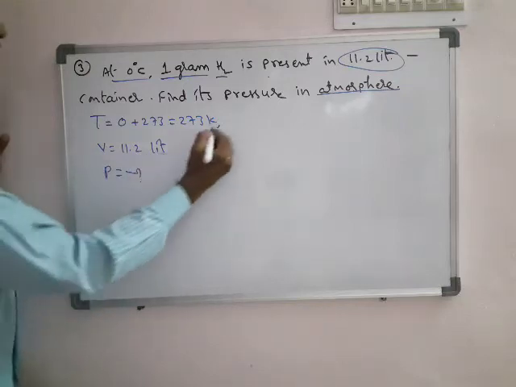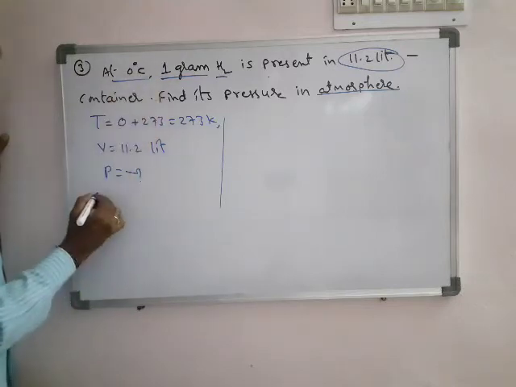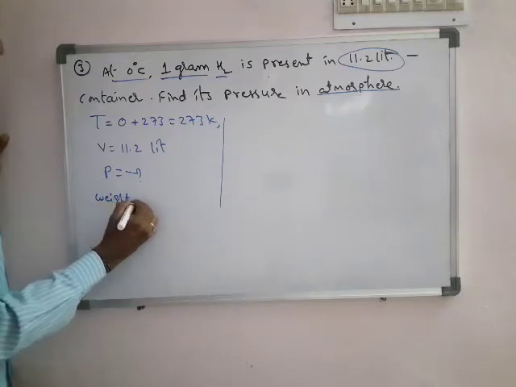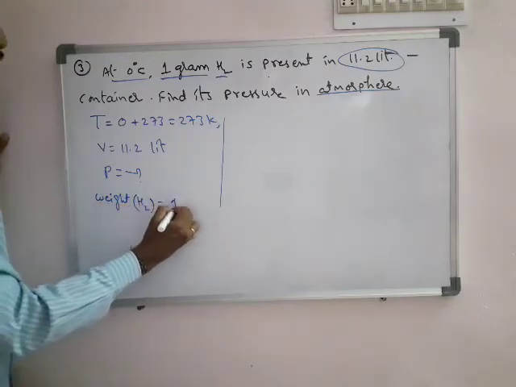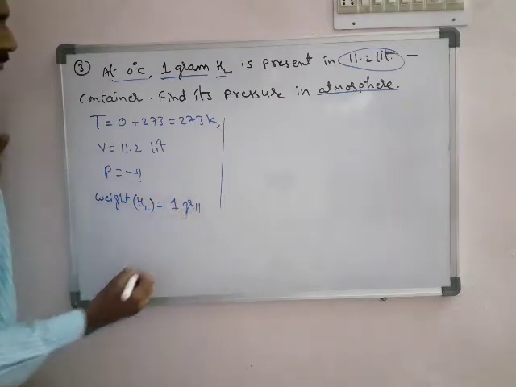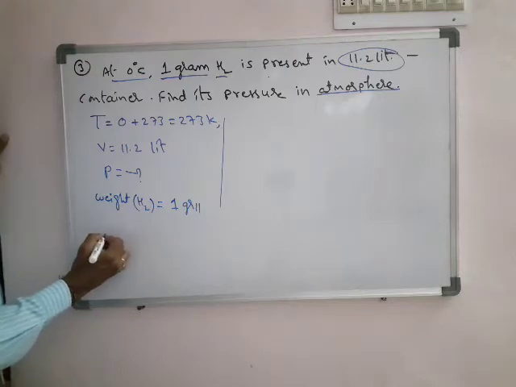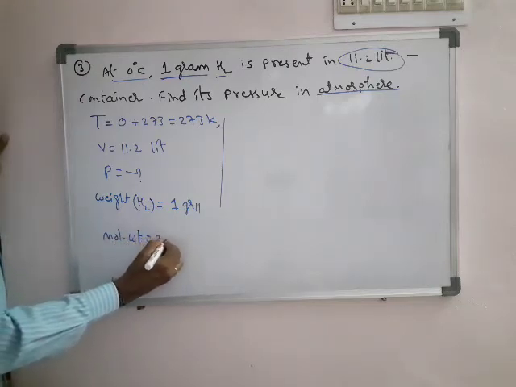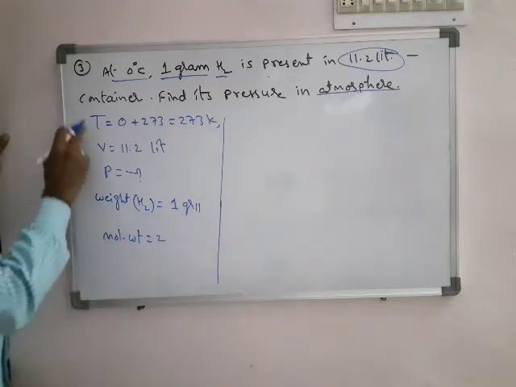Okay, what is the relation between these three? We need to find out the pressure. The weight is given. Weight of hydrogen is given how much? 1 gram. So we know the molecular weight of hydrogen, that is 2. So what is the relation in all these?